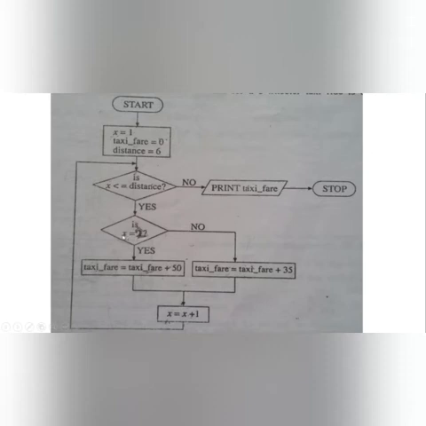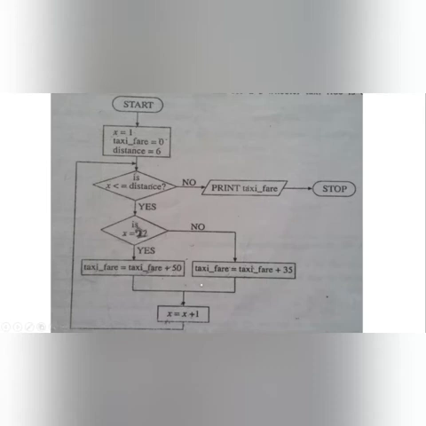We can finally say that x is equal to 2, so we go in the yes path. In this process over here, they say the new taxi fare is equal to the old taxi fare plus 50. Now the old taxi fare is no longer 0 but 35. So the new taxi fare is 35 plus 50, which is 85.